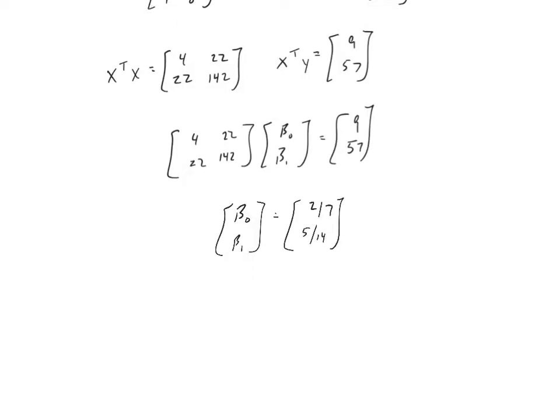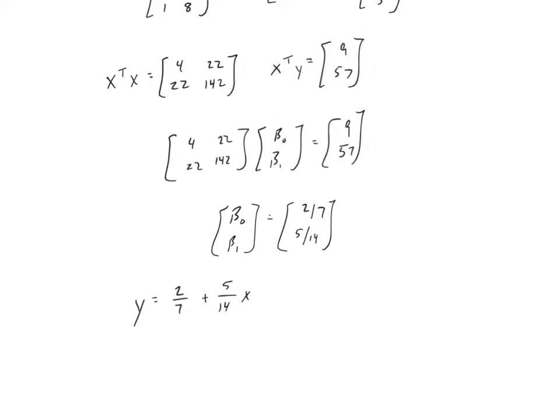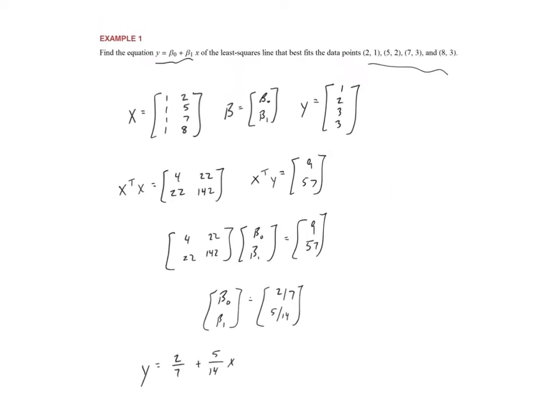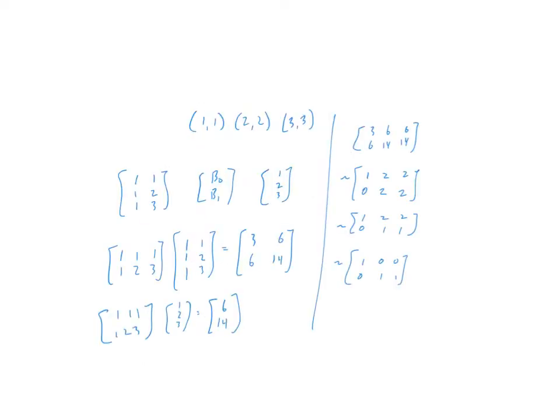So that gives us the equation of our least squares regression line, y equals 2/7 plus 5/14 x.